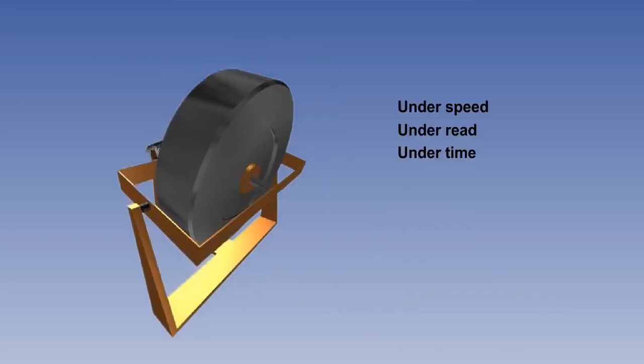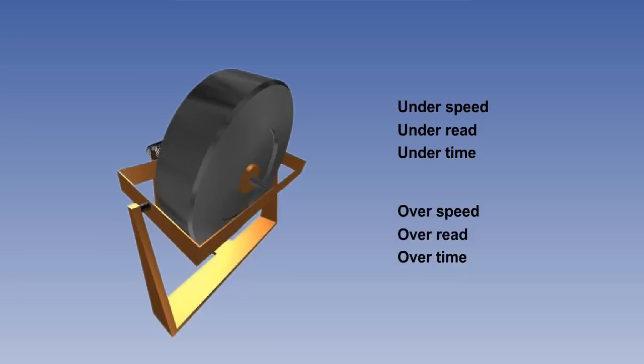If the instrument is under-reading, what would appear to be the correct indication on the instrument face would, in fact, result from the aircraft turning faster than the indicated rate of turn, and the aircraft will complete the turn sooner. We can say, therefore, that an underspeed will cause an under-read and an under-time turn.